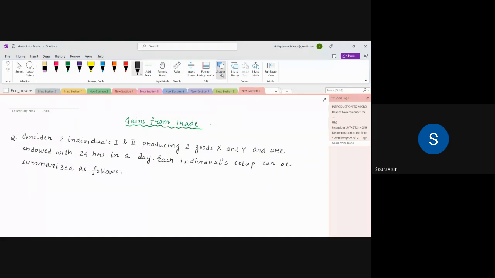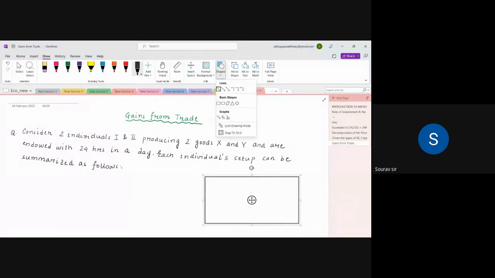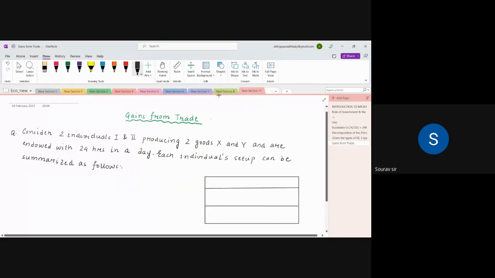And let's draw a small table over here. On top, let's say we have good X, Y, and over here we have individual 1 and individual 2.